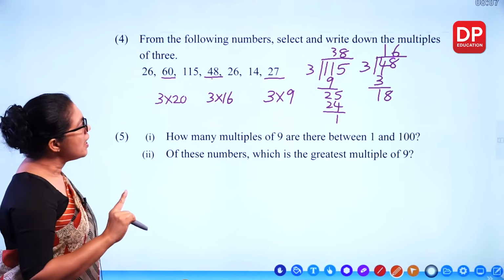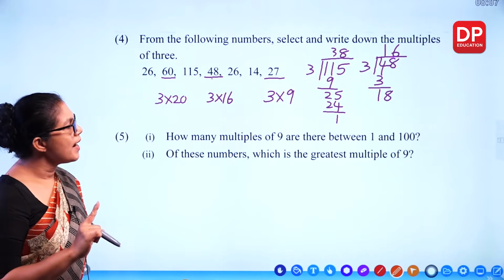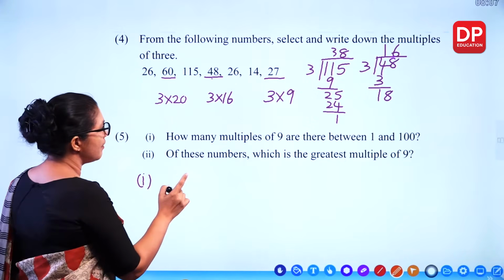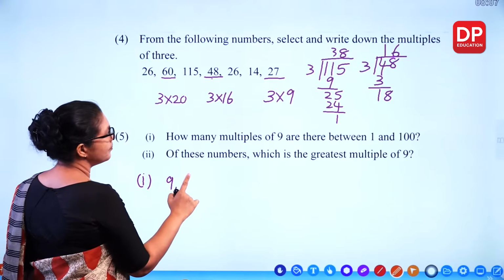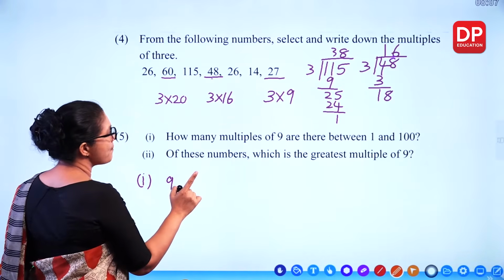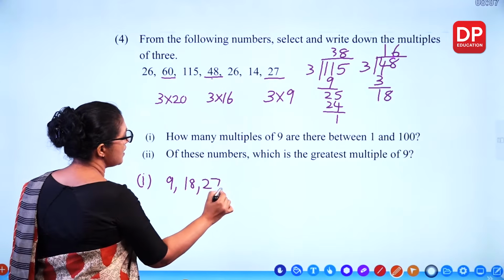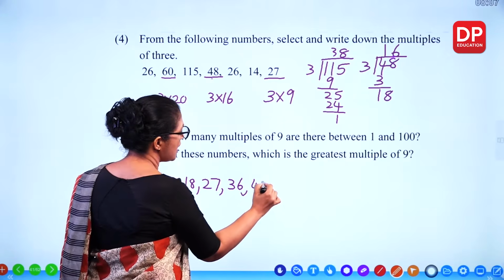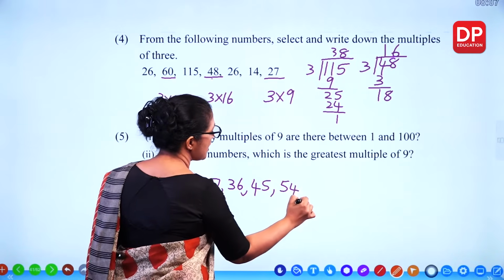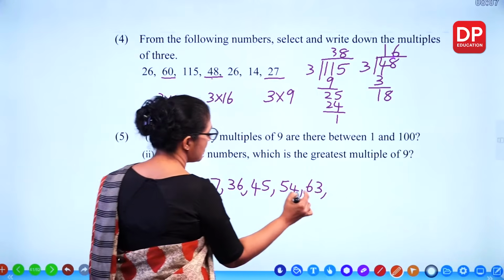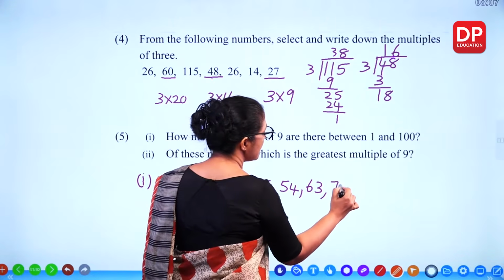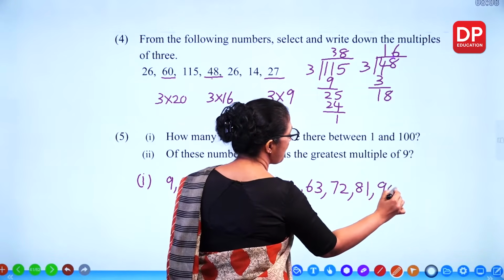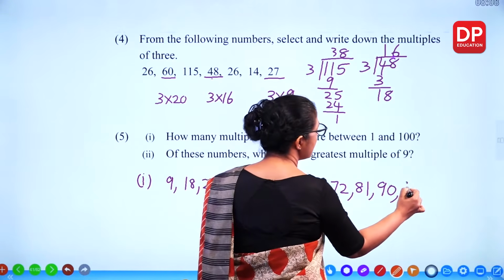How many multiples of 9 are there between 1 and 100? We'll check. 9. What else? 9 times 2. 9 times 3. 9 times 4. 9 times 5. 9 times 6. 9 times 7. 9 times 8. 9 times 9. 9 times 10. 9 times 11.